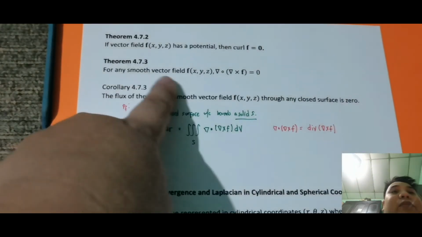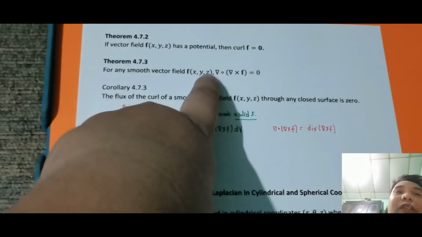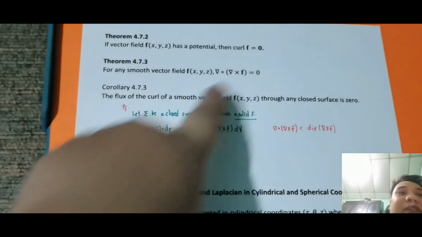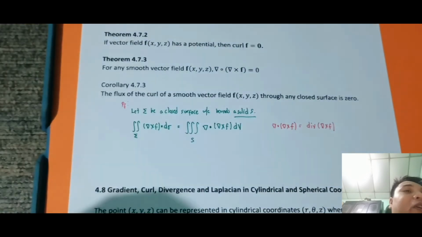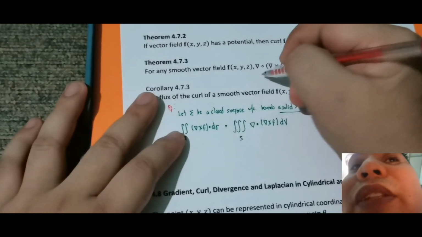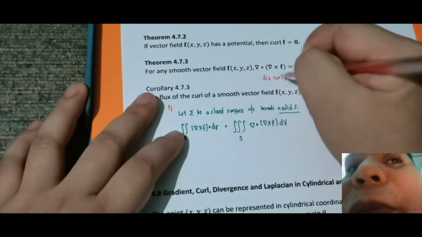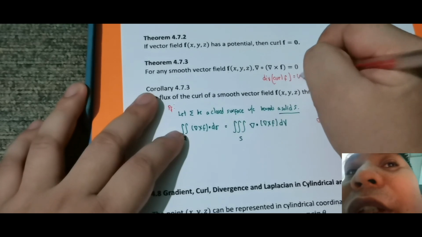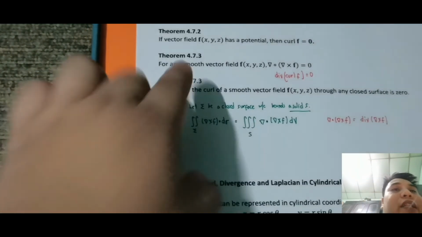Sabi na, for any smooth vector field f of x, y, z, yung del cross f is equal to 0. O yung divergence ng del cross f, divergence of curl of f, is equal to 0. Bakit? Kasi siya is smooth.